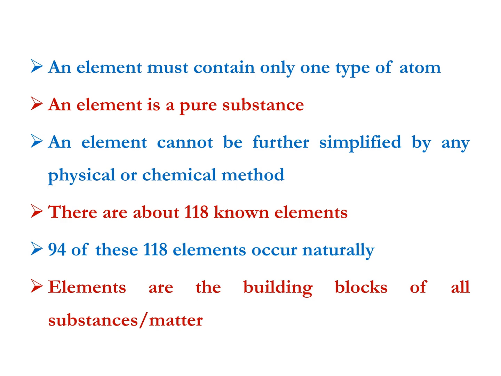And there are about 118 known elements, and 94 of these 118 elements occur naturally. Elements are the building blocks of all substances. Elements are the building blocks of matter.